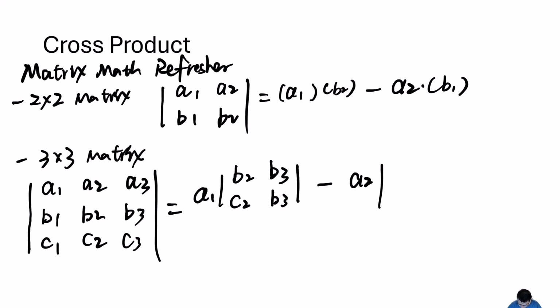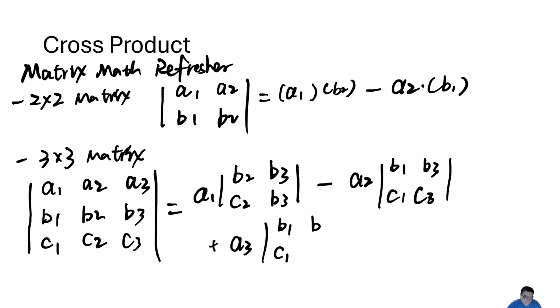There will be 3 items. So that's the determinant of the 3 by 3 matrix.